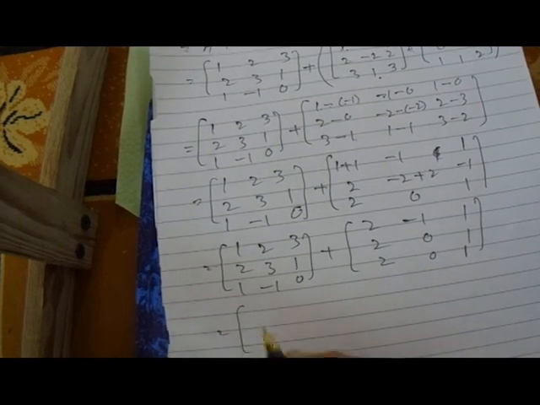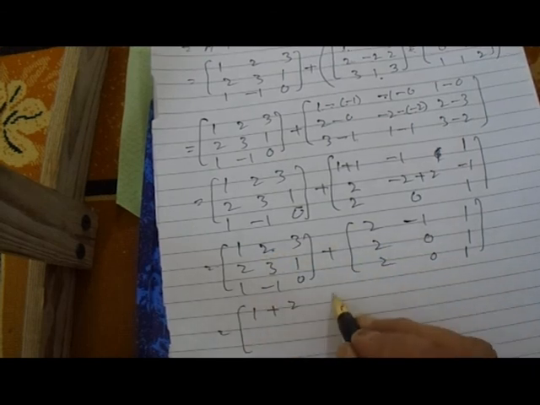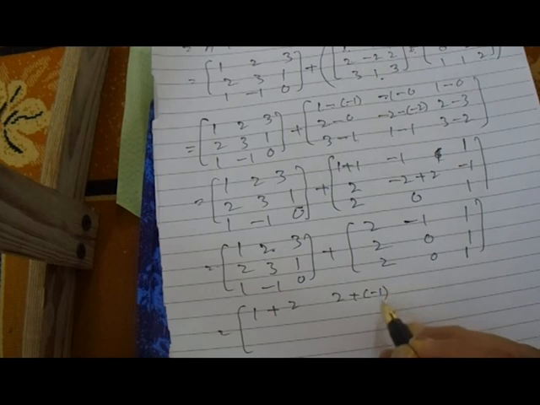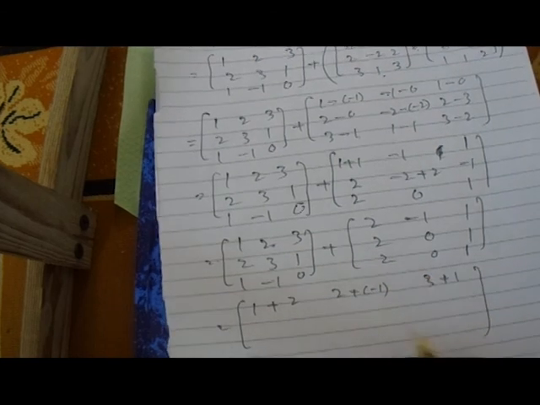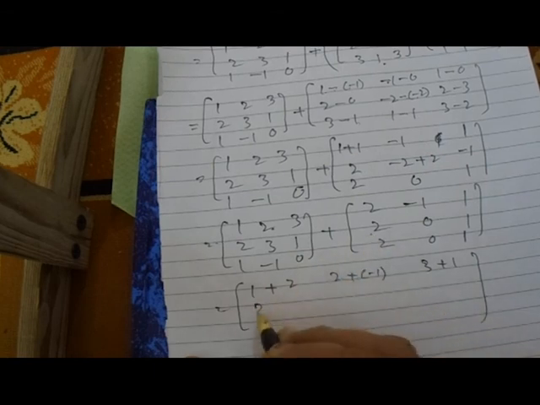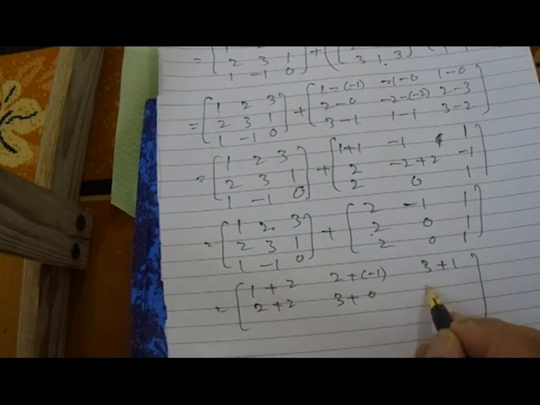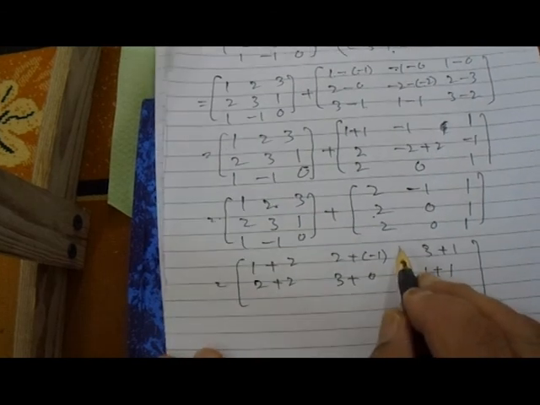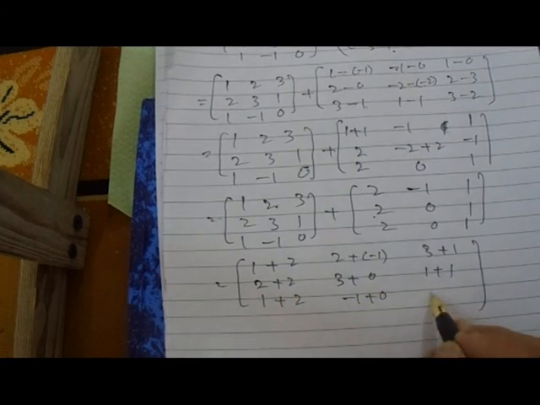Again we add 1 plus 2, corresponding 2 plus minus 1, and 3 plus 1. We write 2 plus 2 and 3 plus 0 and 1 plus 1, 1 plus 2, minus 1 plus 0, 0 plus 1.